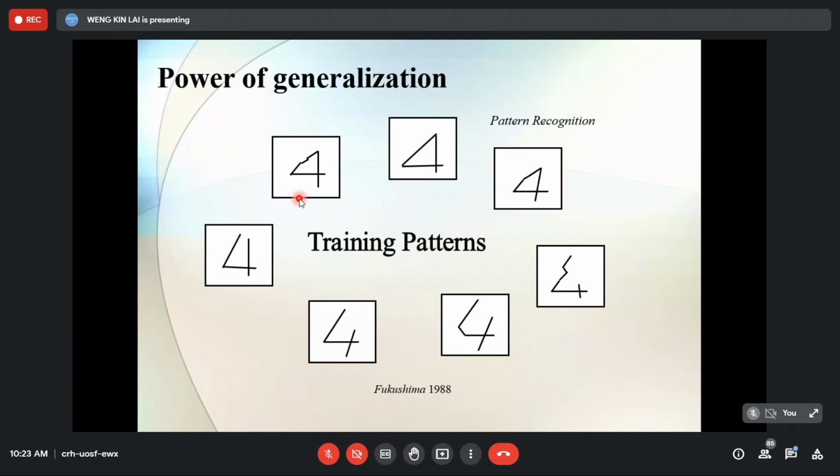But if I were to show the same trained network a strawberry, right? You can also argue that a strawberry is a smaller form of your apple because it's the same shape, and also red, but because it's a strawberry, the network is actually not able to tell you that this is an apple.